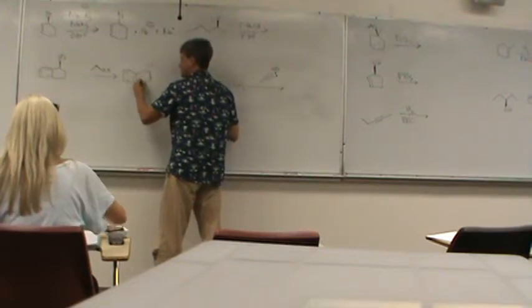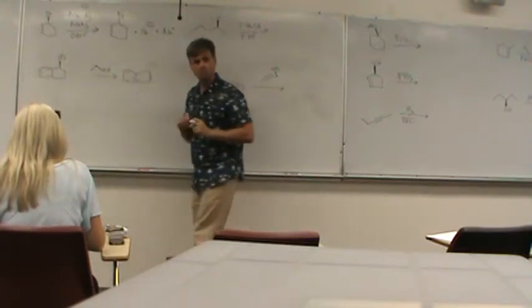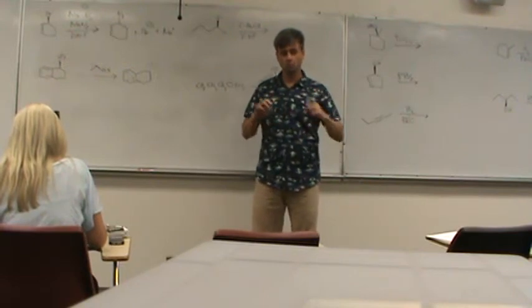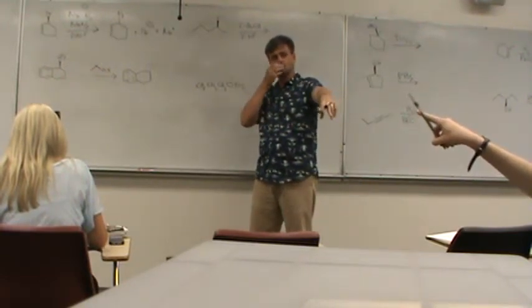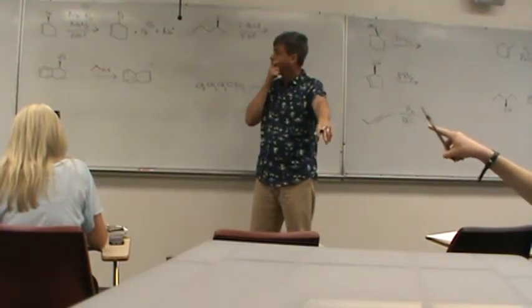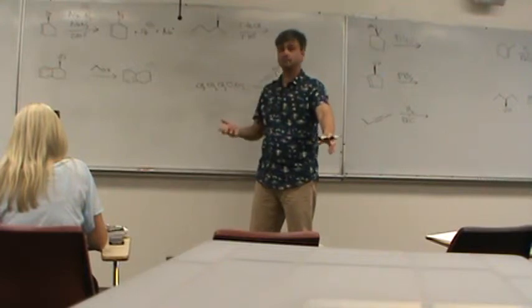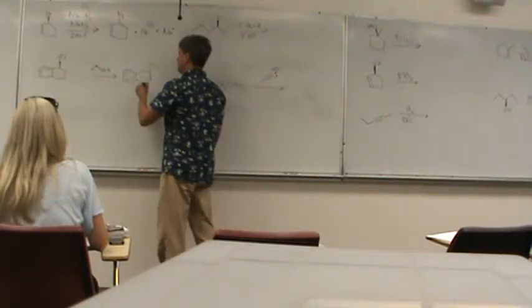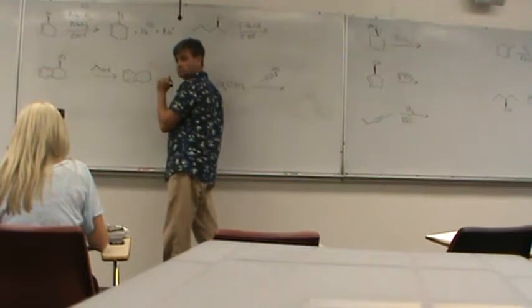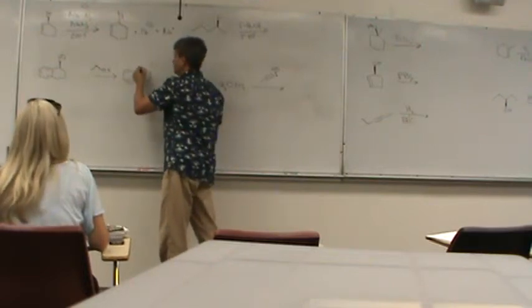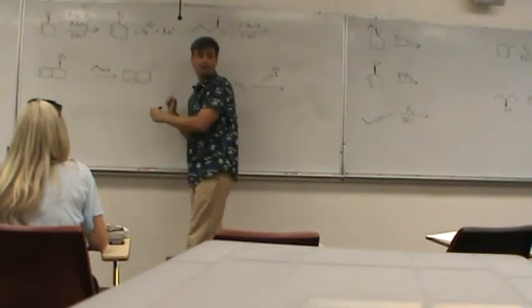Nothing happened to that. Then you attach the alcohol. Get rid of the OTs and put in the alcohol. Exactly. It makes an ether. Any details about that? It can go either way.